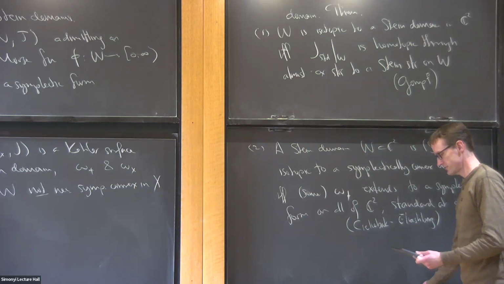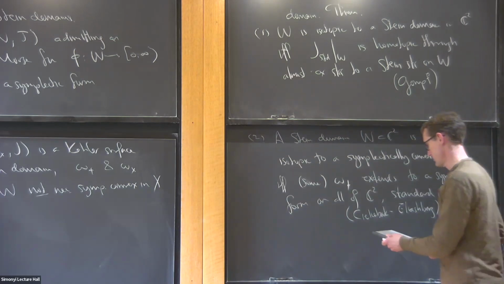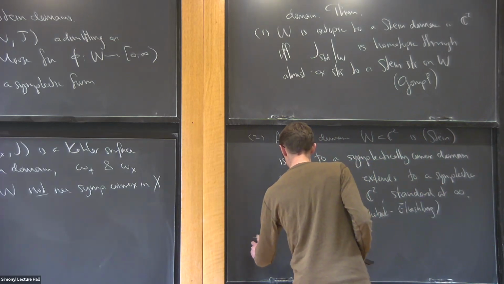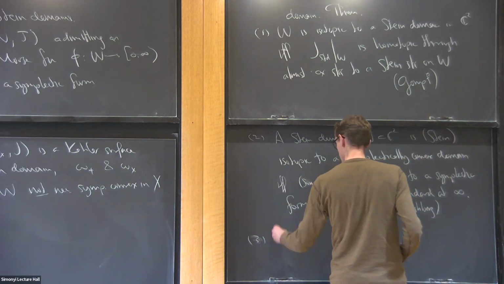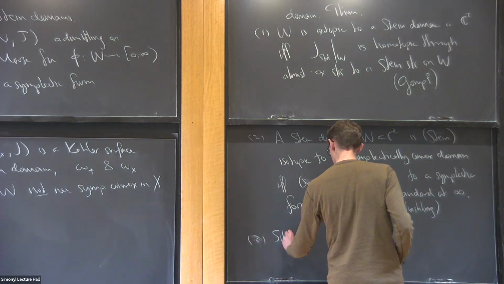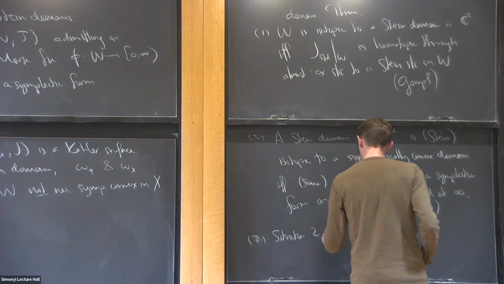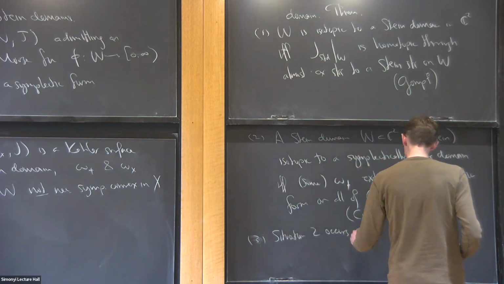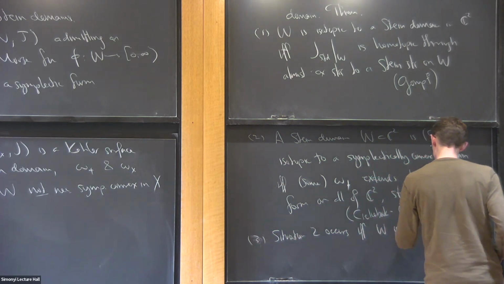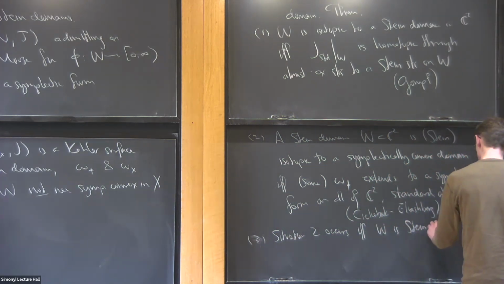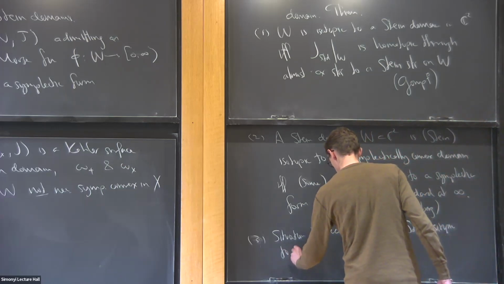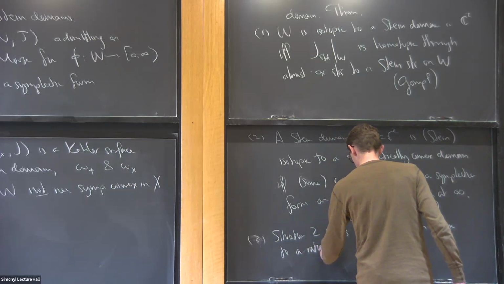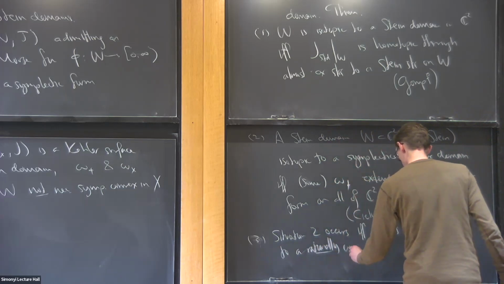Okay, and actually there's one more condition here, which I can just squeeze in at the bottom. So the third step is that situation 2 happens if and only if W is Stein equivalent to something called a rationally convex domain, which I'll define for you in a moment.